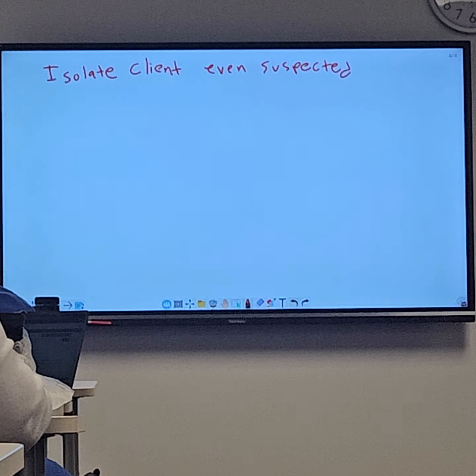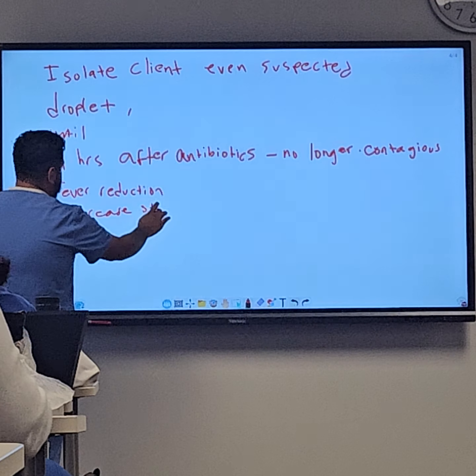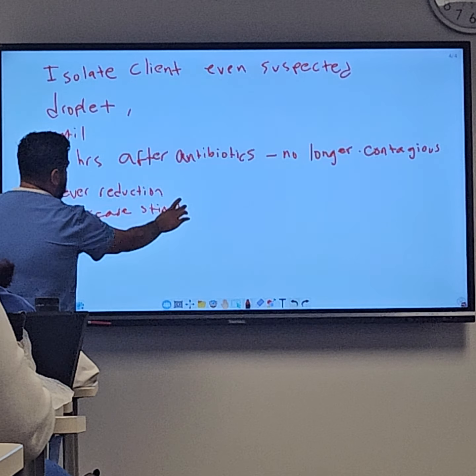Implement fever reduction measures. Cooling blankets. Be worried about the fever. Another big one: decrease stimuli. They have a severe headache. The noise and light, everything bothers them.